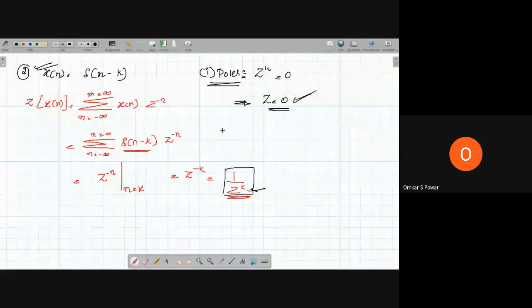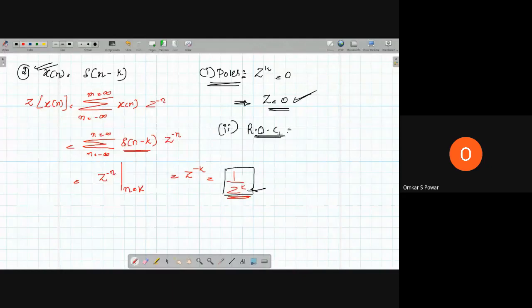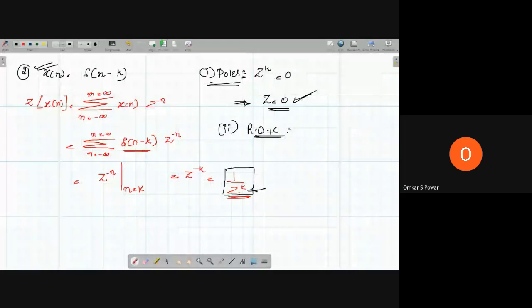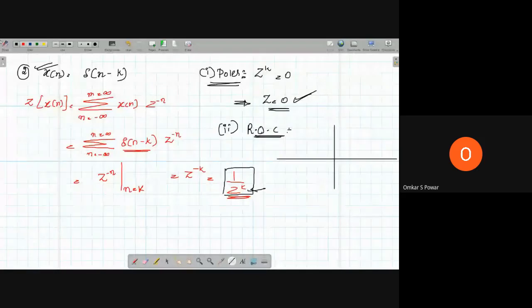Then what is the region of convergence? How does it look like? The first thing you have to do is mark the pole in your z plane. So you have your z plane here. What did I tell you? Poles you have to represent by x, zeros by a circle. So now you have a pole at z is equal to 0. Let me represent that pole here.